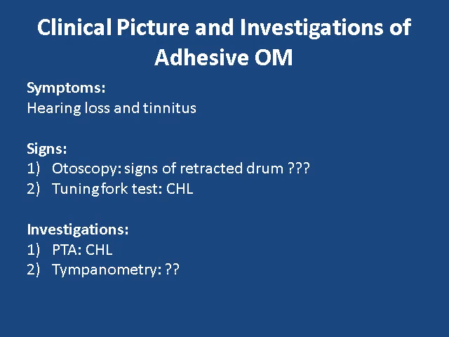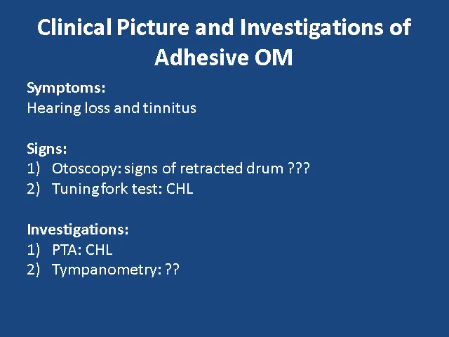Also by otoscopy you can find another finding, sometimes you can see the white patches of what we call the tympanosclerotic patches. By tuning fork testing you will find conductive hearing loss. Meaning, you will find the bone conduction better than air conduction.